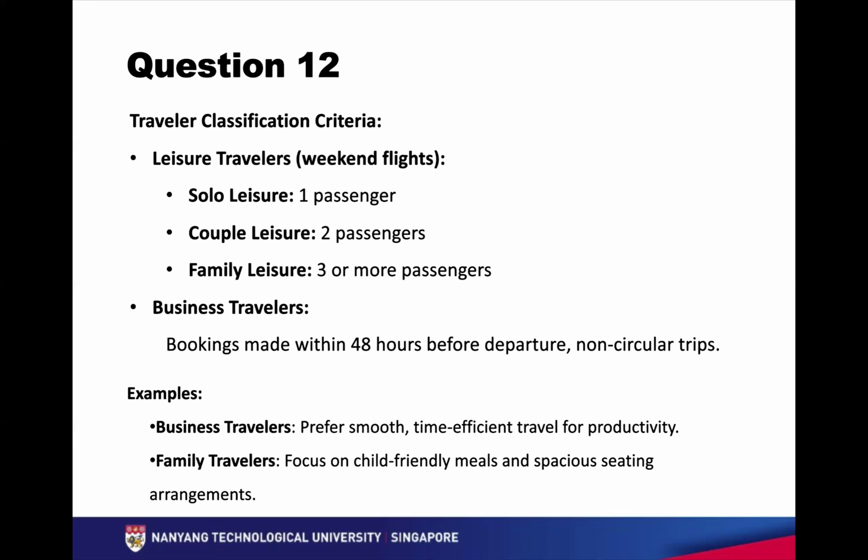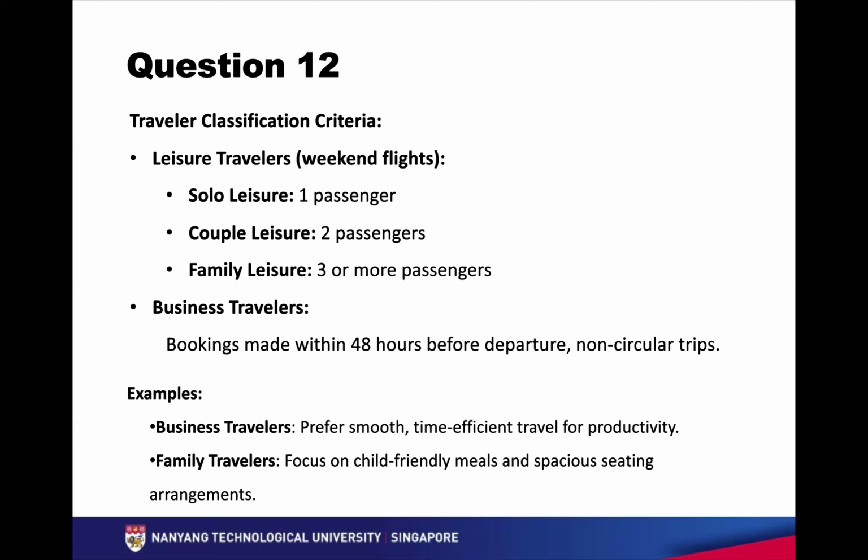In the first step, we categorized travelers based on customer booking data. First, we identified different types of travelers. For leisure travelers, there are solo leisure, couple leisure, and family leisure. And for business travelers, they are last-minute bookings within 48 hours before the departure.